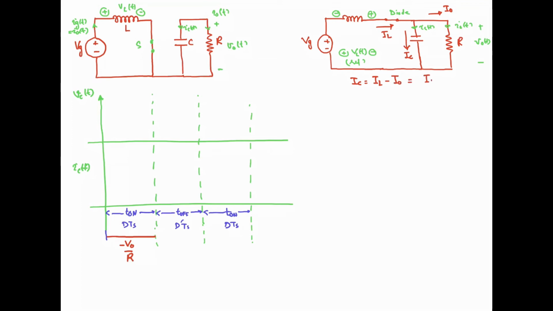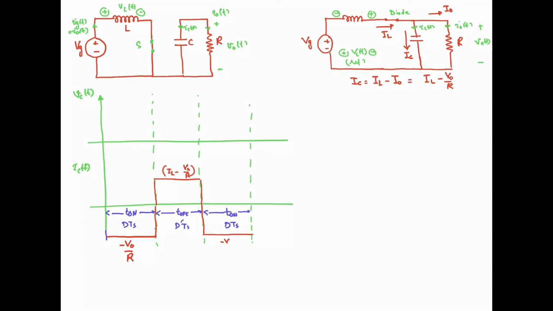So from here I can say inductor average current minus V naught by R, because the load average current can be determined with the help of this expression. So from here I can mark that this current IL minus V naught by R is the current through the capacitor. And that should be of opposite polarity, because the average current through the capacitor should be equal to 0.